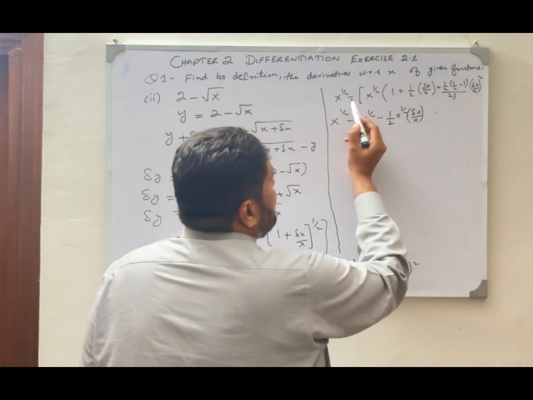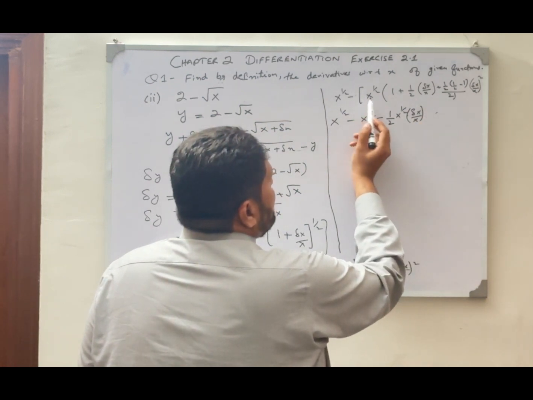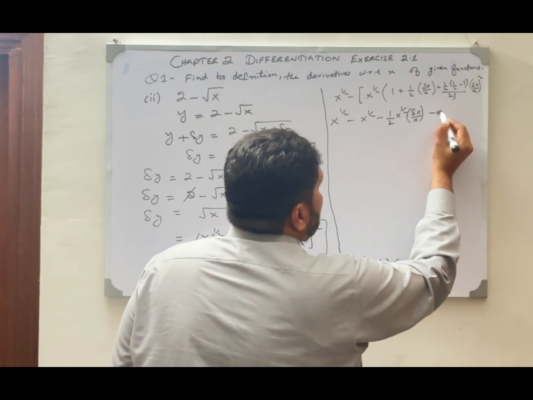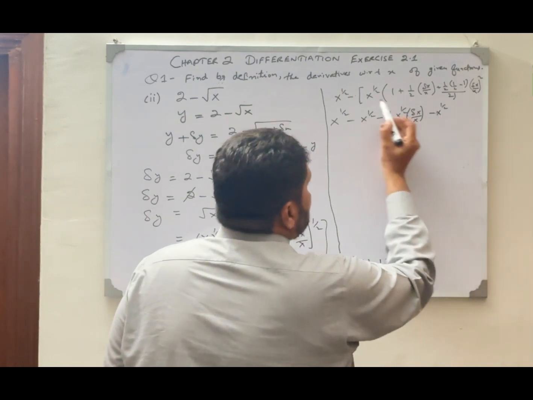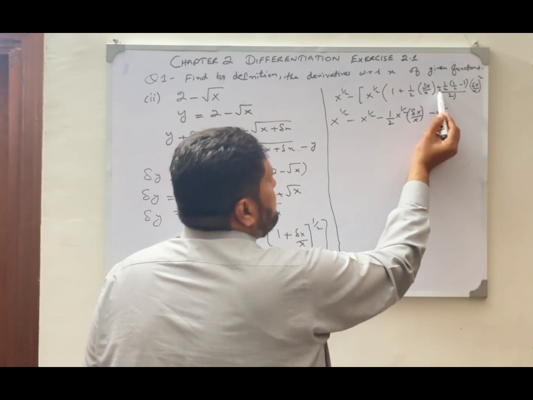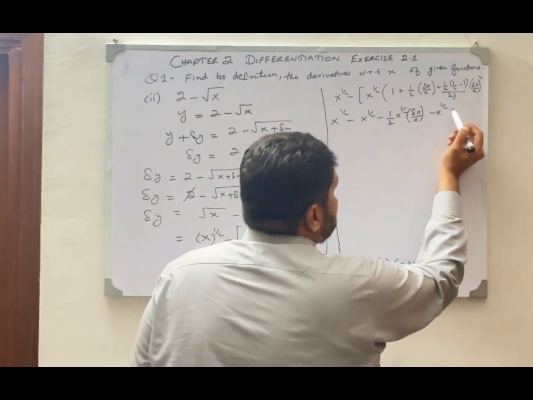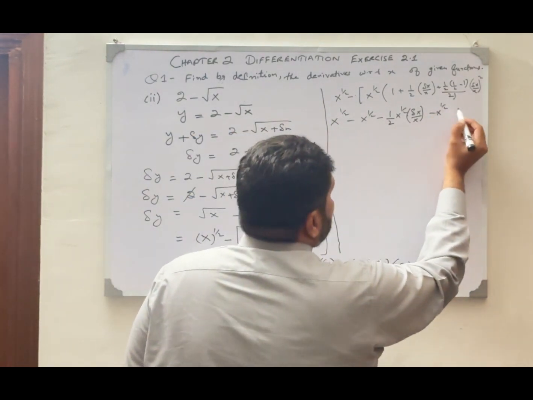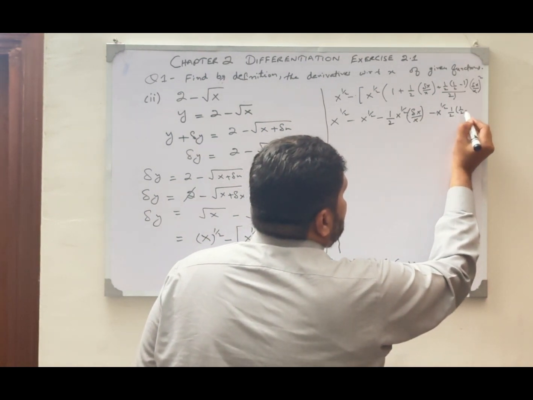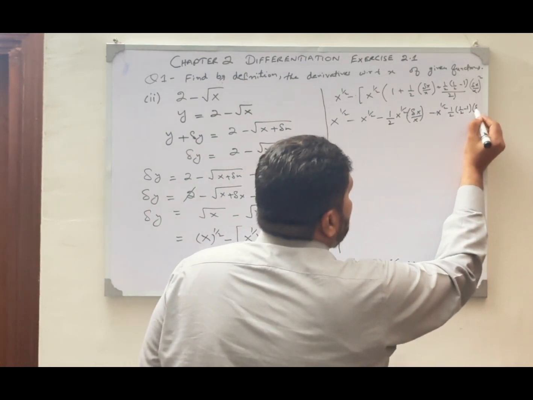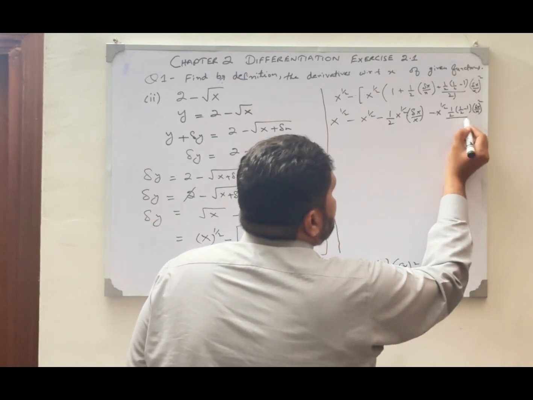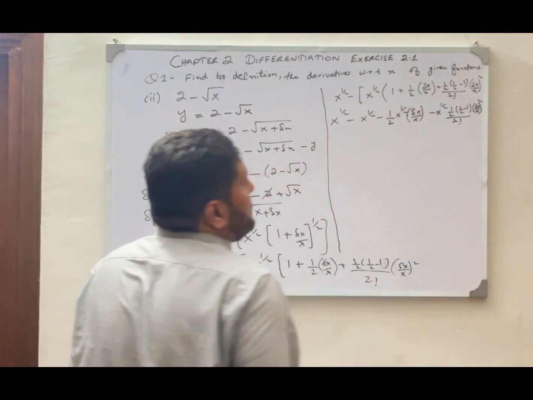And for the last one, this will become minus x by 2 into x power 1/2. This minus again will become minus after multiplying it with this plus, so minus x power 1/2, and the remaining term will become the same as it is, 1/2 into (1/2 minus 1) into (delta x over x) whole square divided by 2 factorial.